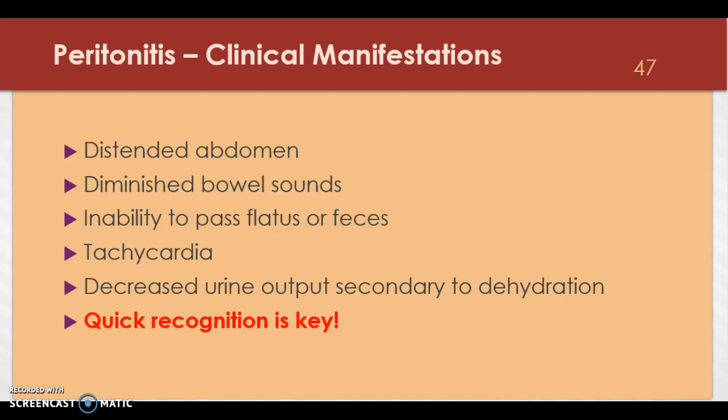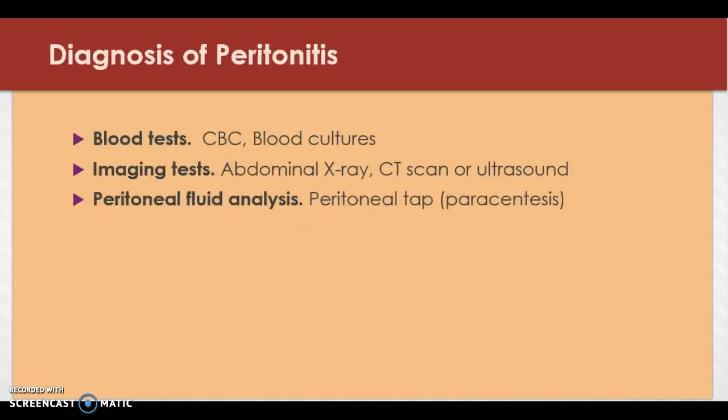So the key issue is very quick recognition. You want to quickly notify physicians and get the patient assessed medically to get something done. For diagnosis, again, the CBC may show that you've got some blood loss. It may show that your white blood cell count's elevated.